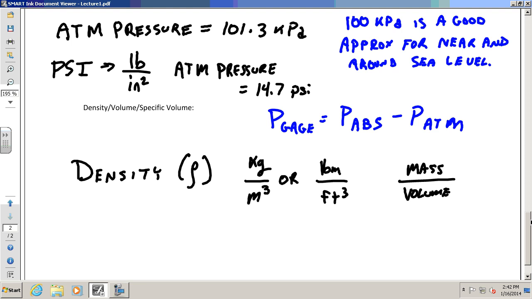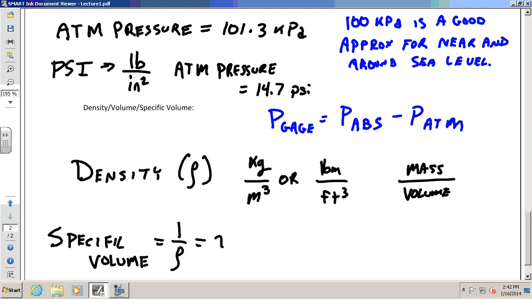And again, this is an area where we in thermodynamics like to be different. Most of the world uses density a lot in other applications. I'm sure you've heard the term density. But in thermodynamics, we like to flip it. We come up with this thing called specific volume, which is simply the reciprocal of density.